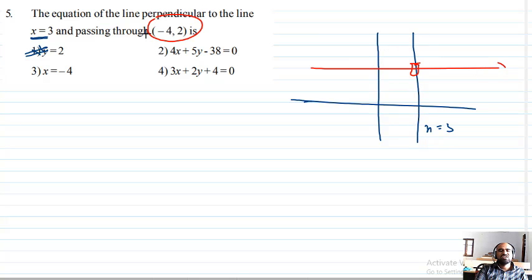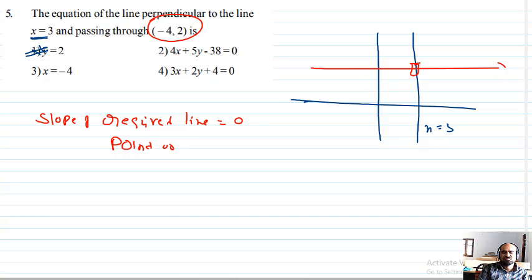The slope is given indirectly. The slope of the required line is equal to 0. The point on the line is minus 4 comma 2. Directly by the point-slope form I can find the equation of the required line.